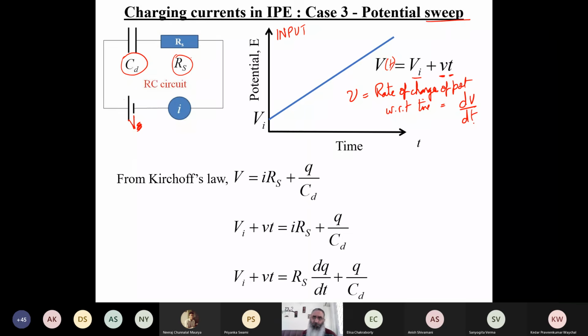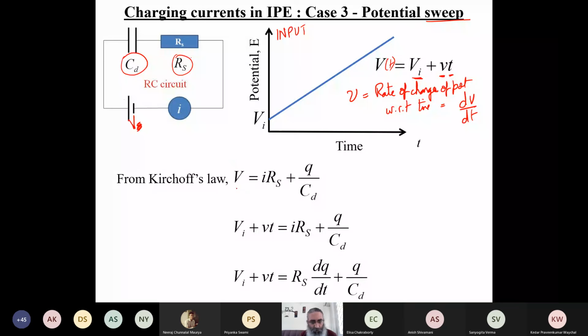So then we can write that the potential applied at any time t is going to be dependent on the initial potential that you take. If the initial potential is 0, this term simply drops off. It becomes equal to nu t, or dV by dt into t. Okay, so it's fairly simple.